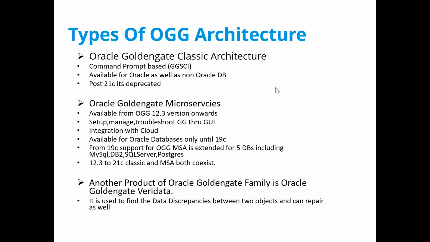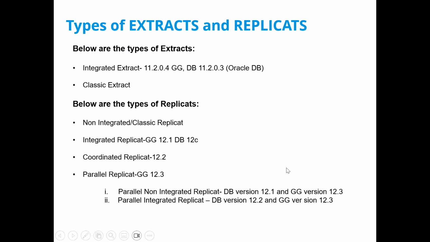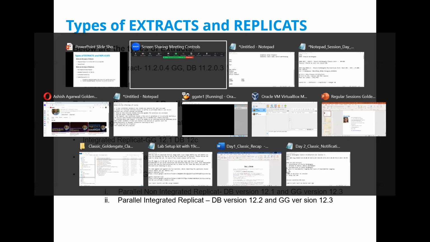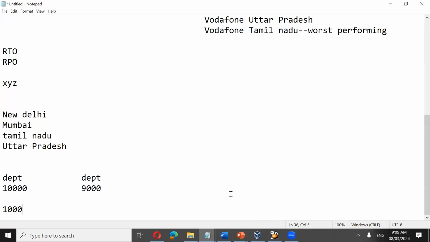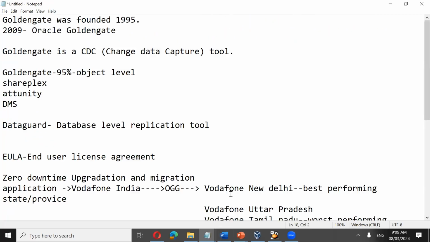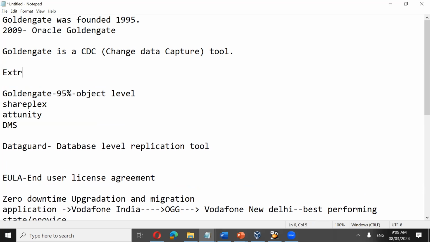Now there are different types of extracts and replicates. You will understand it in the next slide as well. I told you Golden Gate is a CDC tool, right? What it does is extract the data from source and replicate it to the target.